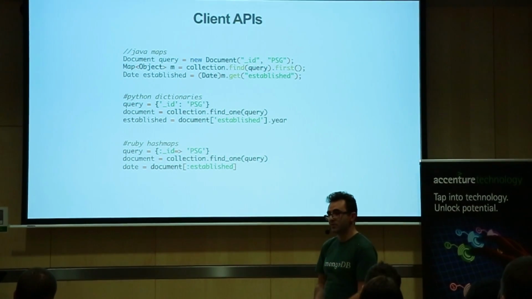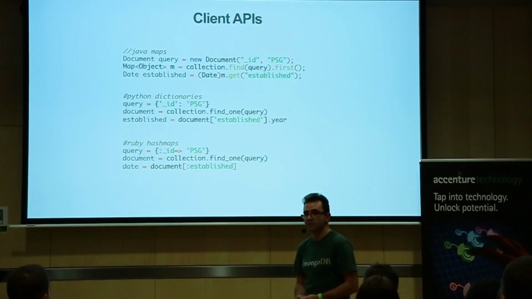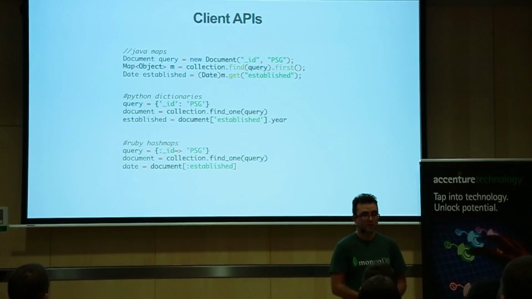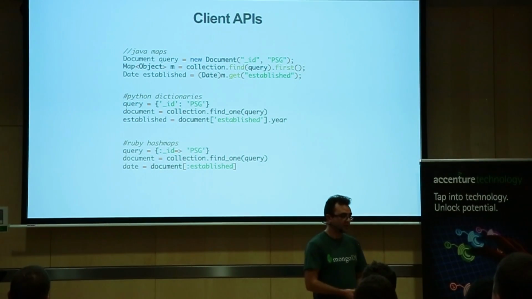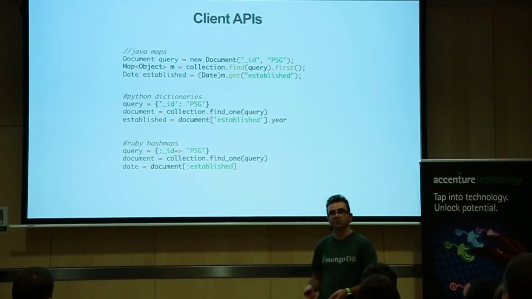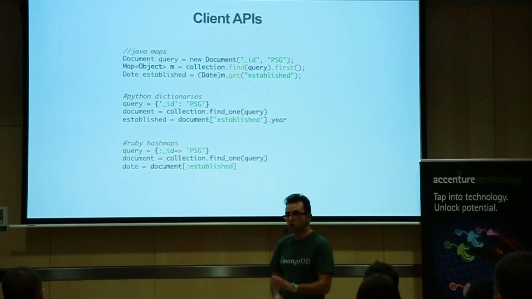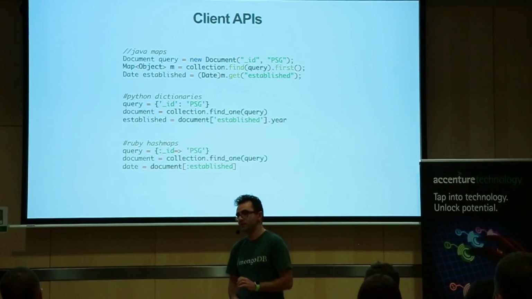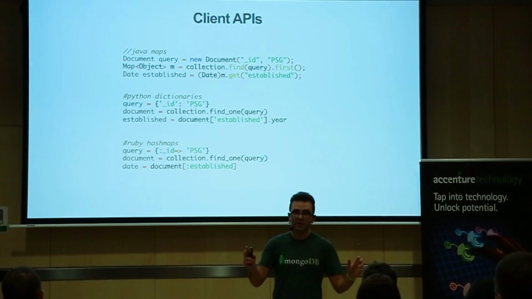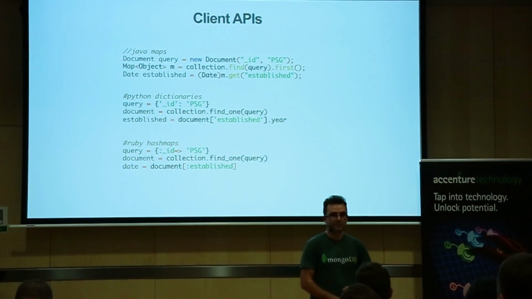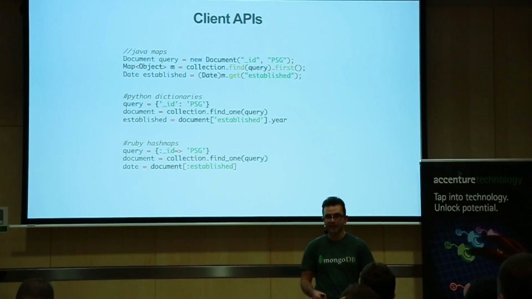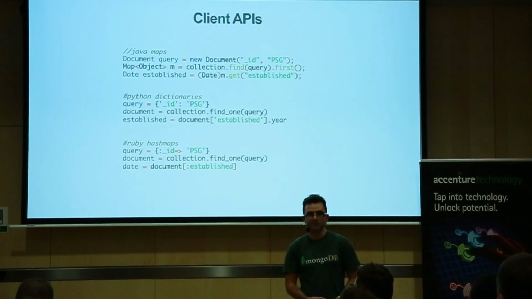You should just need to express the queries in hash maps in Java, for example, or dictionaries in Python, or even hash maps in Ruby as well. Up to you. You know your language, you are experts at that language, you know how to build all your unit tests, the best way to serialize and unserialize, whatever you want to do, we just tag along and give you a driver for that particular language.